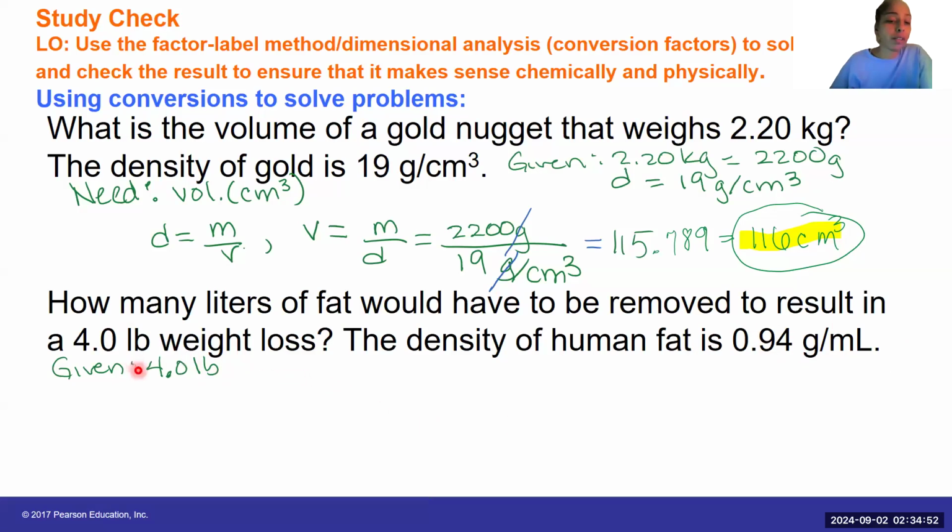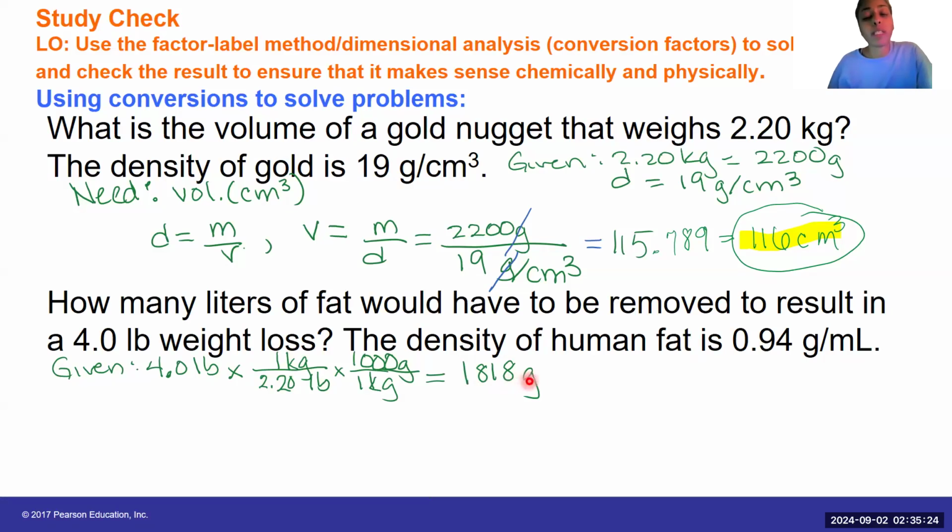So let's go ahead and convert this now. Based on the conversion factor that we saw on a few slides ago, we know that 1 kilogram is equal to 2.20 pounds. We also know that we can't stop at kilograms because our density is in grams. Well, 1,000 grams is 1 kilogram. Our final value here is going to be 1,818 grams.